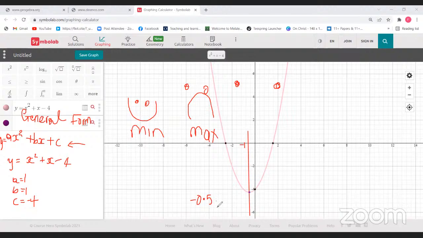What's the y value now? So it's right there.